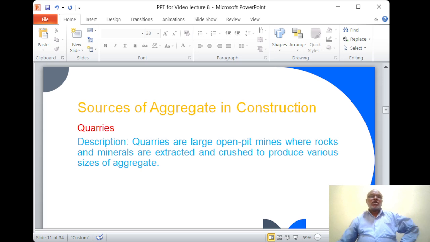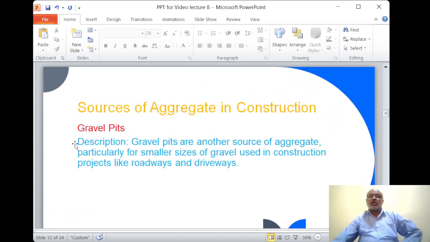The next one is gravel pits. Gravel pits are another source of aggregates, particularly when it comes to smaller size of gravel used in construction projects like roadways and driveways.